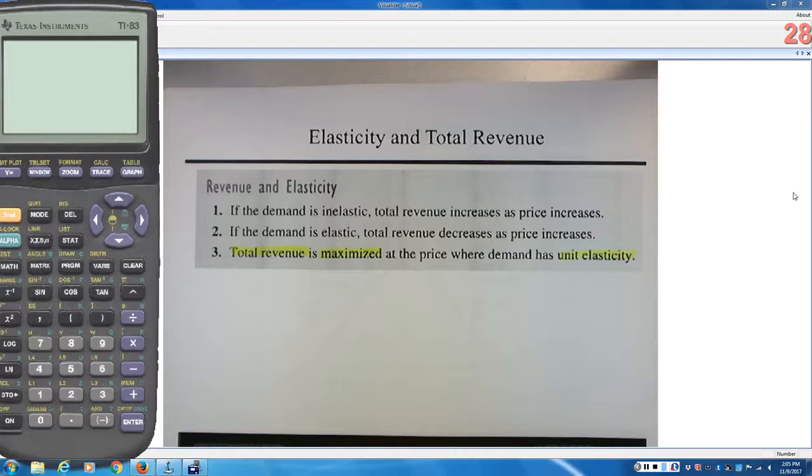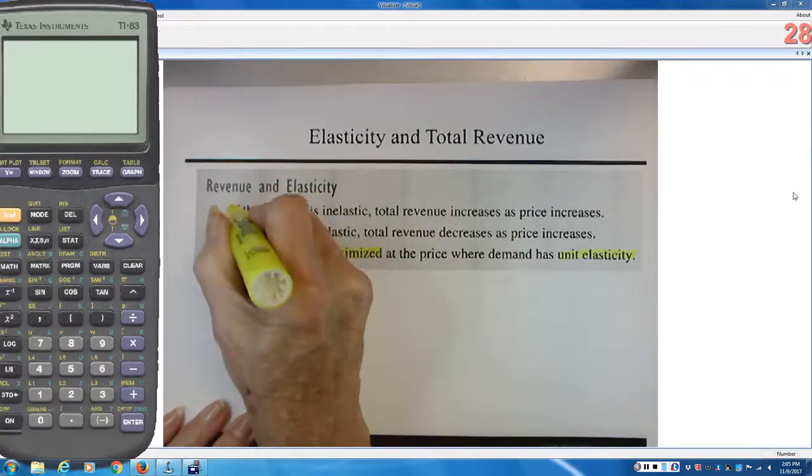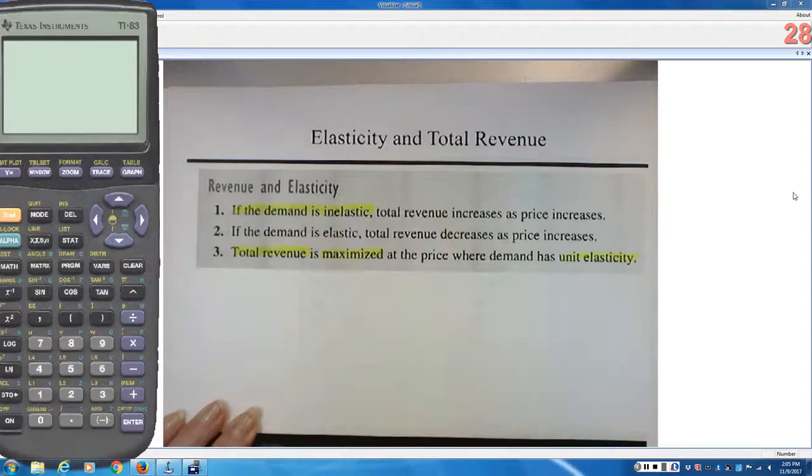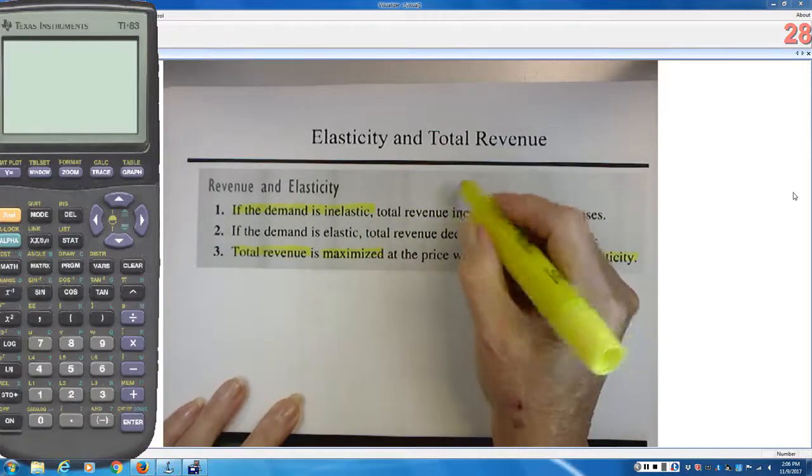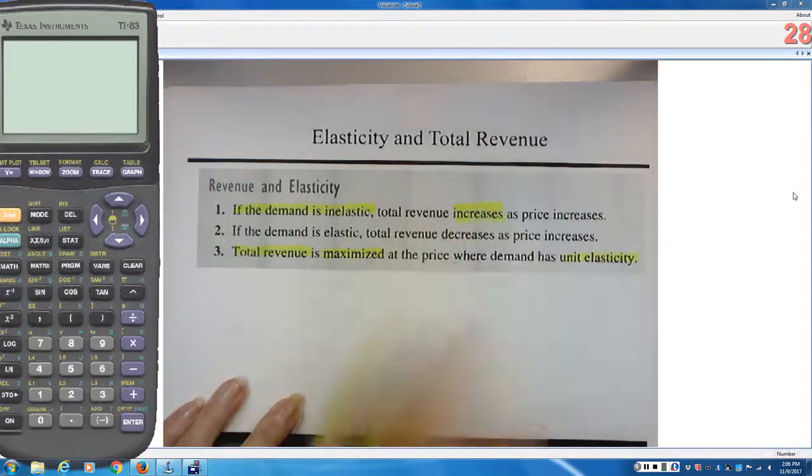Unit elasticity maximizes your revenue. And if you are the business person, you want demand to be inelastic, hopefully. But that tends more to happen when whatever you're selling or producing is a necessity. You want inelastic demand because your revenue will increase as the price increases.